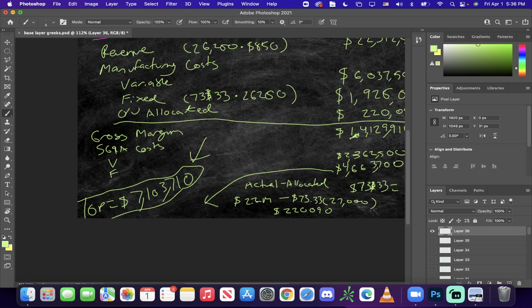So manufacturing FC over planned units is what we just solved, the $73.33. I just wrote it like that without explaining it, but you're using that same number and multiplying it by the units produced.